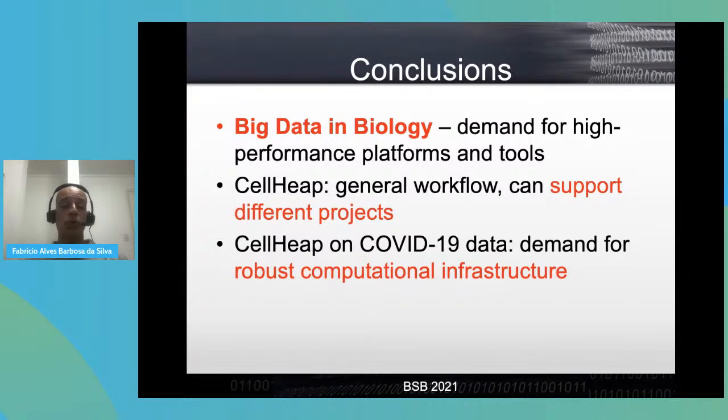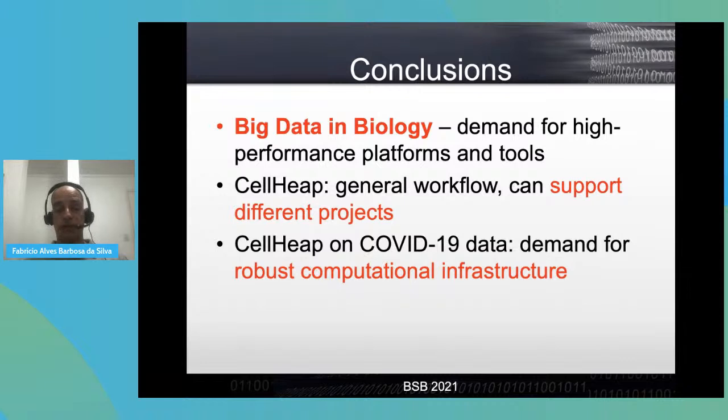And when you work with COVID-19 data to try to answer interesting biological questions related to COVID-19 single-cell RNA-seq data, you do need a lot of data. So there is a demand for a robust computational infrastructure.